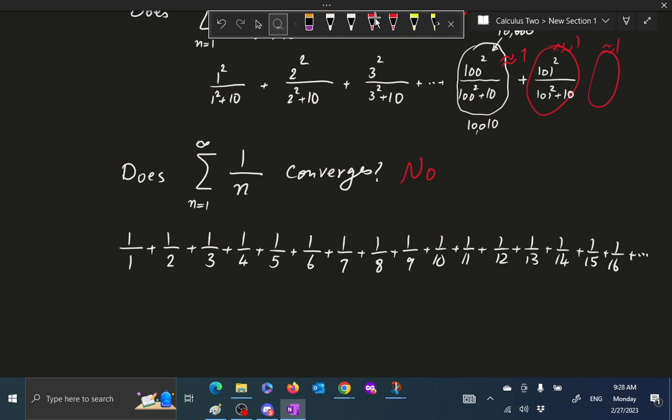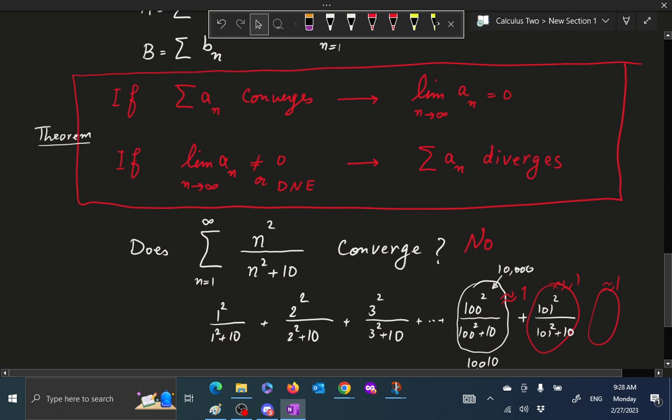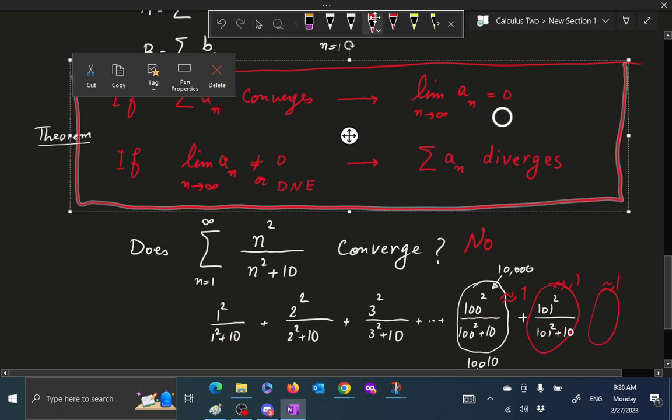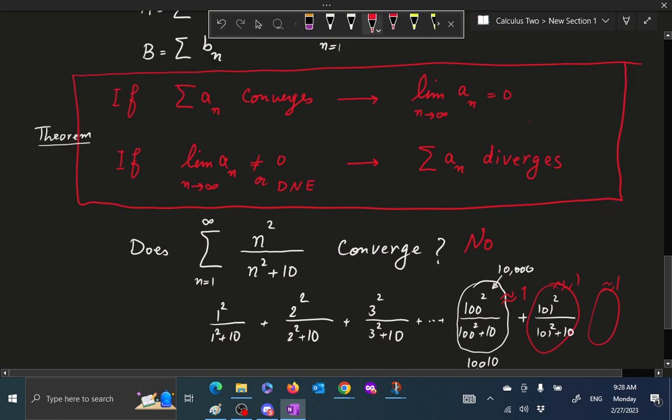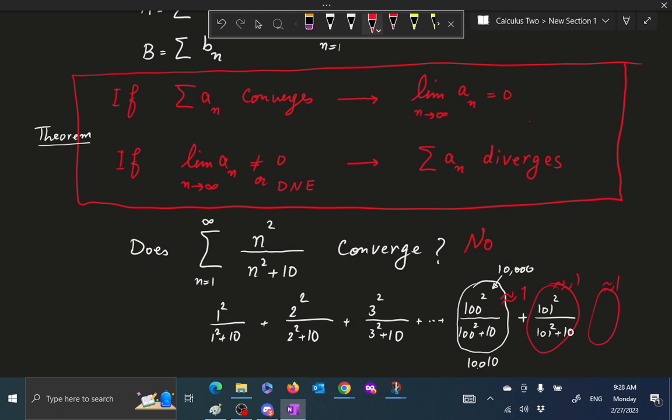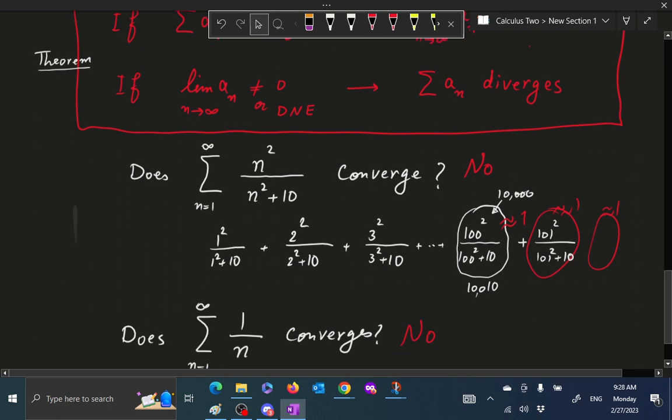So our theorem doesn't say that if your terms get smaller, then the series converges. No, that's not what we are saying. If you know the series converges, the terms must have been getting smaller and smaller. And if you know the terms don't get small, then you know for sure the series couldn't converge, it must have diverged.